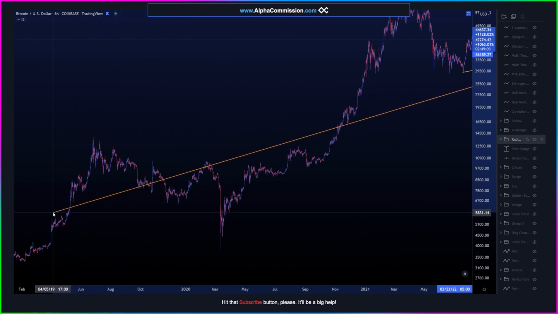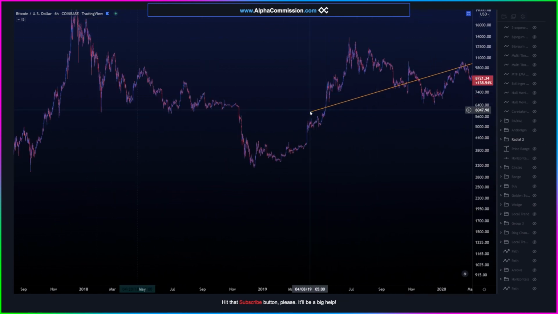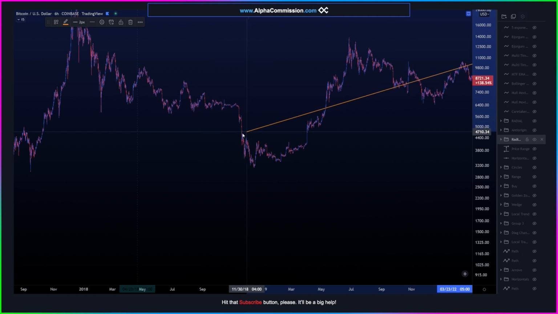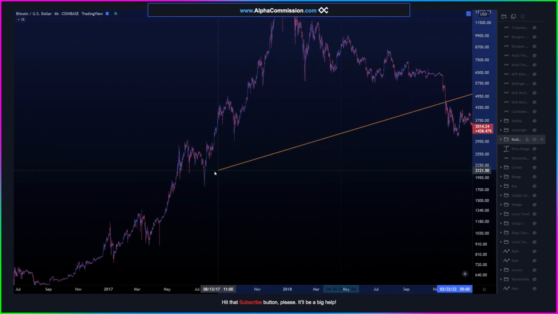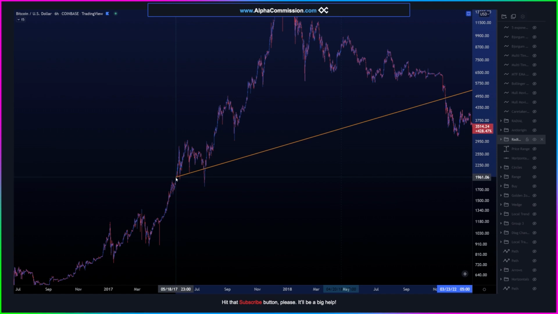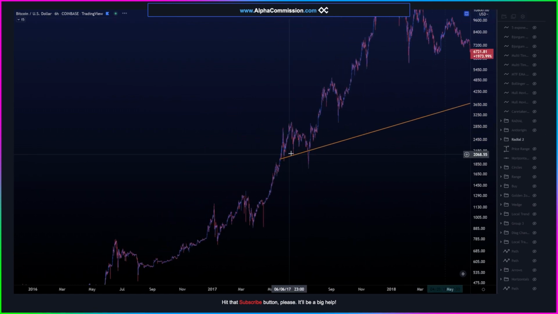It's supported here. This is where it got rejected from. And I don't know, just the bottom of this dump. And I'm probably getting misaligned somewhere around here. But look, even this wick right here.